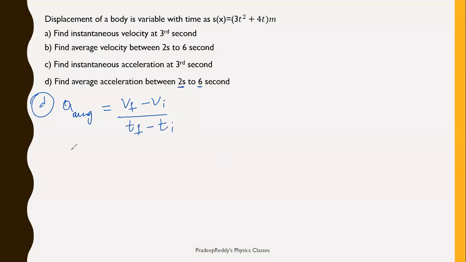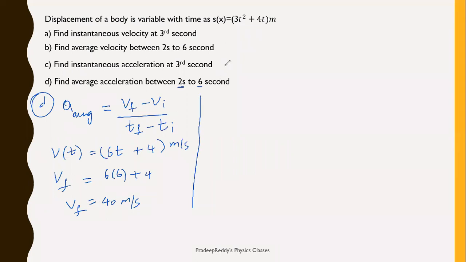As we know, V is a function of t, which is equal to 6t plus 4. Now V final, at 6 seconds, is 6 into 6 plus 4, in meter per second. It is 36 plus 4, 40 meter per second. That is final velocity.